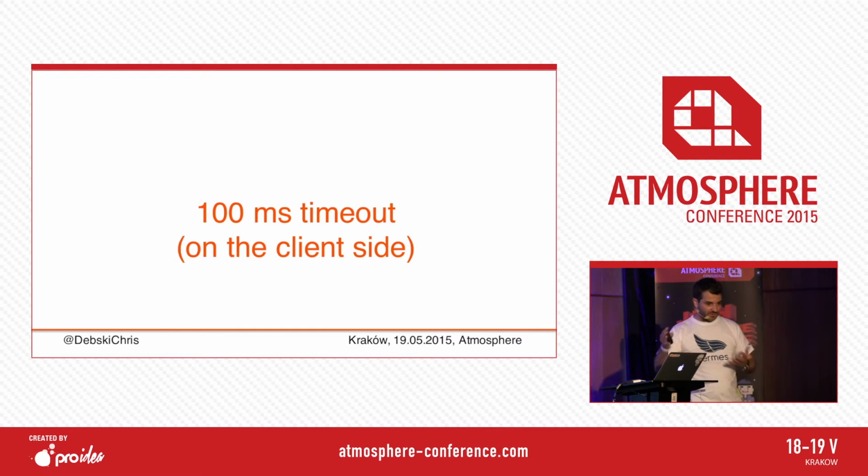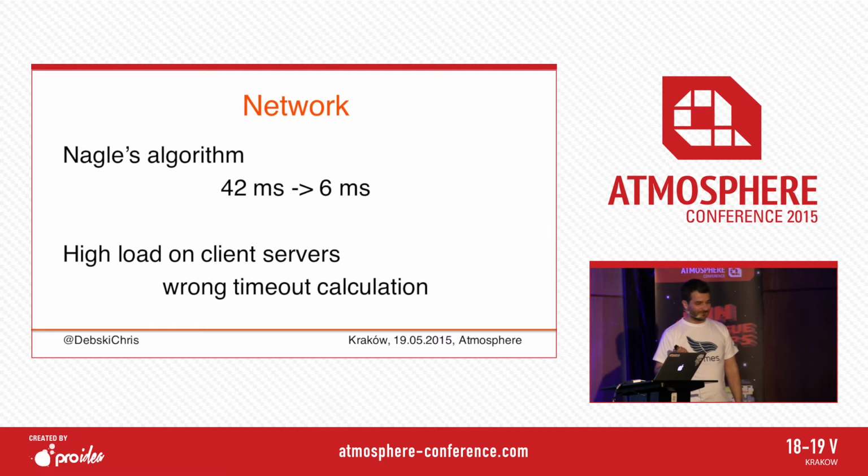Okay, so we have that architecture, and we thought, okay, we need to provide our clients a reliable and stable broker. So we thought it would be great to have a 100 millisecond timeout for sending messages. And we realized that we were wrong. First of all, we weren't aware of something called Nagle's algorithm. Nagle's algorithm is really great stuff to optimize your network.